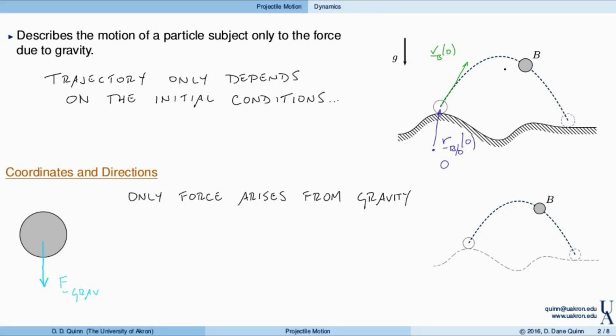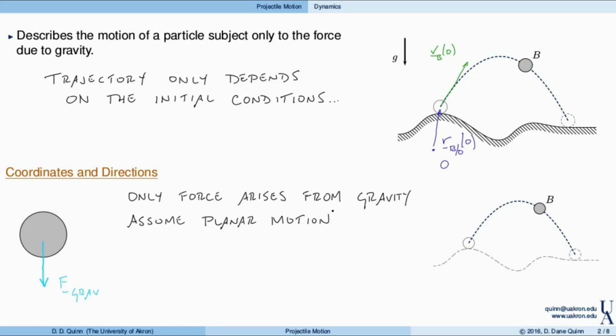We are neglecting things like air drag, any sort of wind effects, that kind of thing, and we're only looking again at the force due to gravity acting on this particle. Now, we also assume that the motion lies in the plane, so that the trajectory is solely contained in the plane of the paper or the computer screen or whatever you're viewing this on.